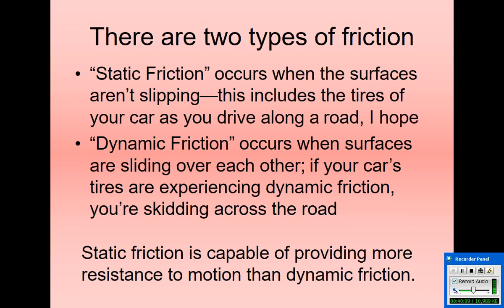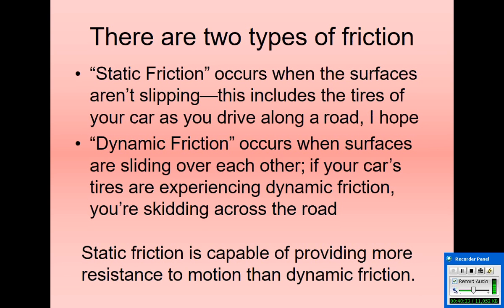Dynamic friction is when the surfaces are sliding. So if I tilt the table on which my glass sits, and I tilt it enough that the glass starts to slide across the surface of the table. While the glass is sliding, we have surfaces in motion relative to each other. That's dynamic friction or kinetic friction.